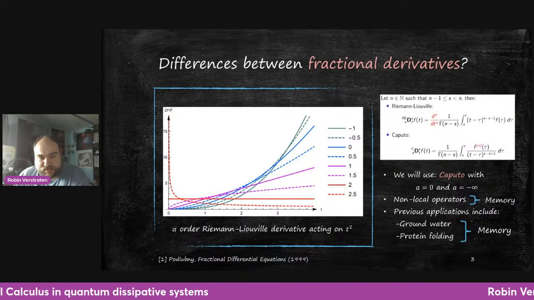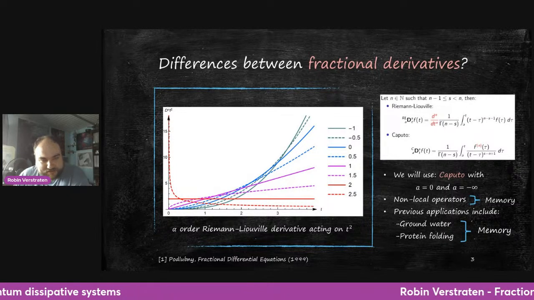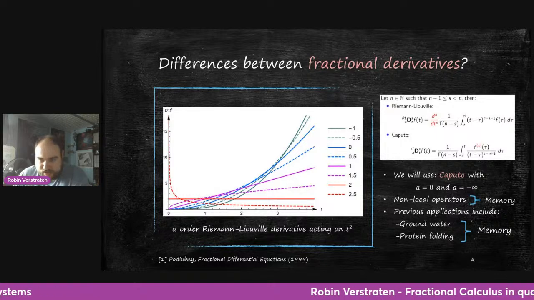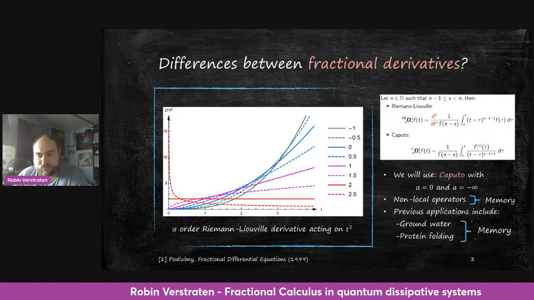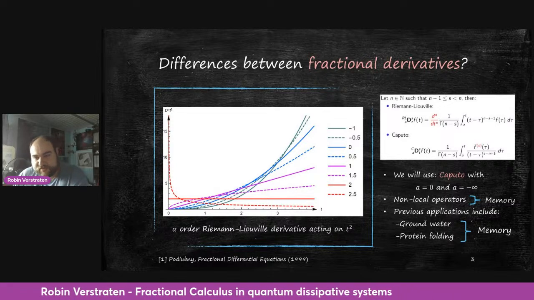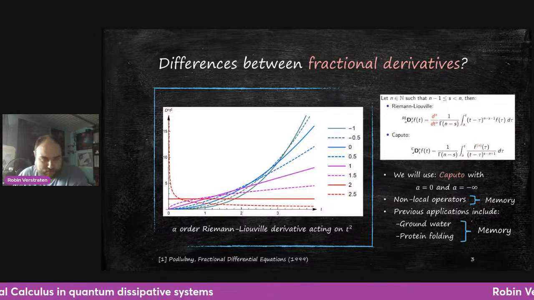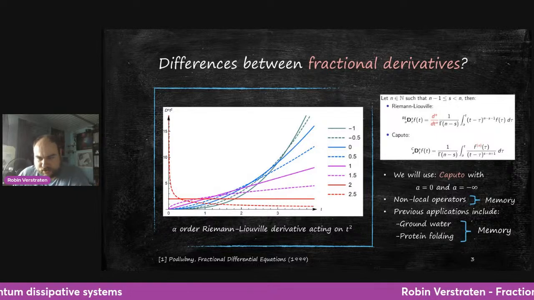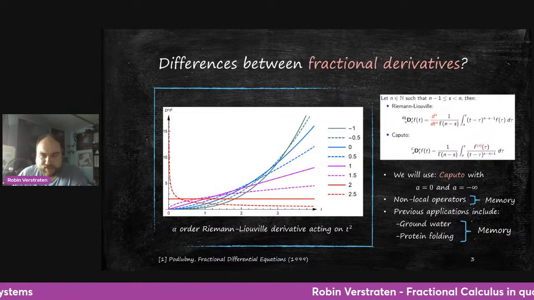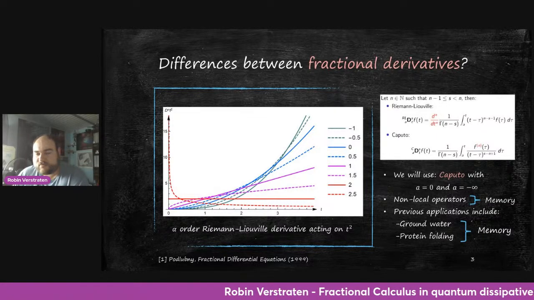And that's actually something which nature seems to prefer. And so therefore we will mainly use this Caputo definition, where we have this base point, and typically it depends on the situation, but you would put this either at zero or at minus infinity. And at minus infinity, we also call this the Liouville derivative.